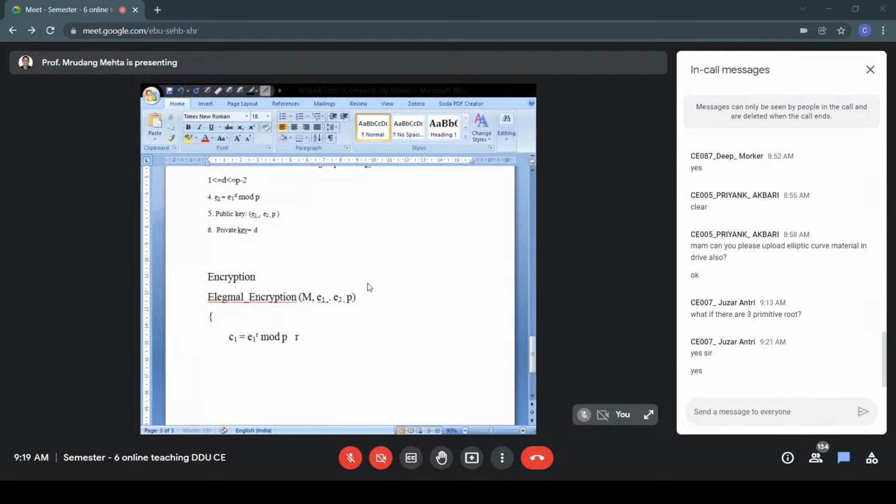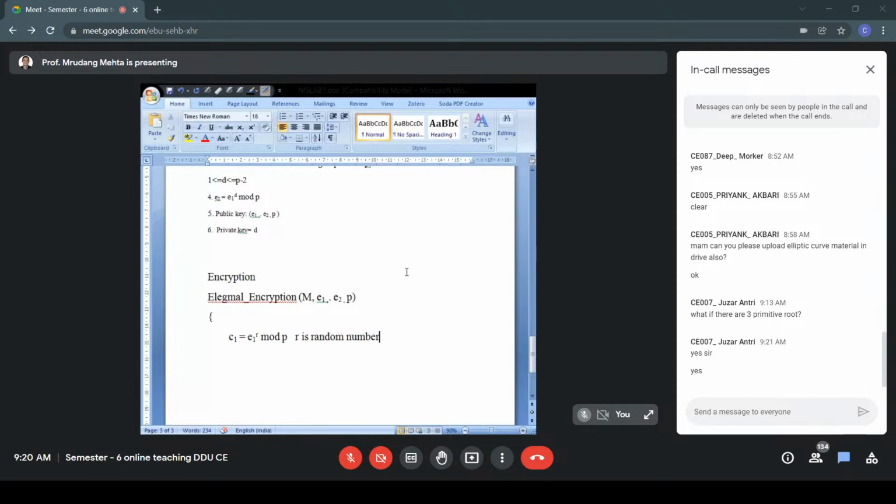With the help of some R, we generate this C1, E1 raised to R mod P. R is a random number, but this random number is from the group.